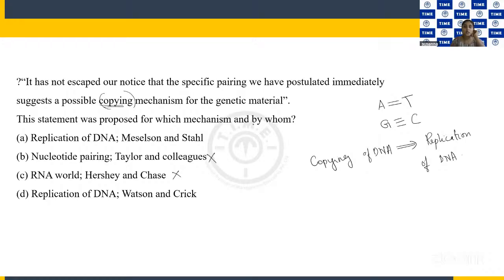Next, we need to understand who proposed this. It was not Meselson and Stahl, but Watson and Crick. Watson and Crick proposed this mechanism of replication of DNA. So the correct answer is option D. I hope it's clear for you.